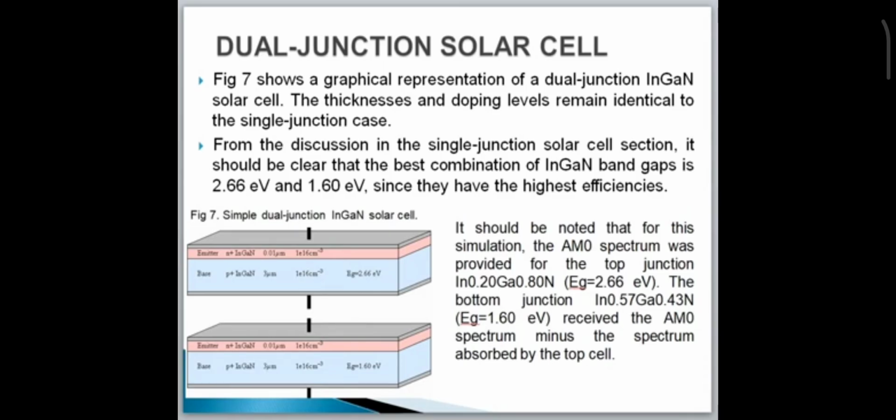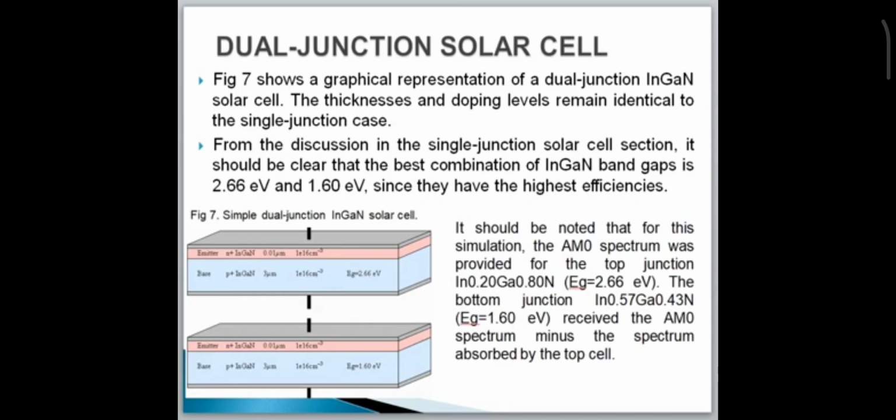So we are using two junctions, one having a band gap of 2.66 electron volt and one having a band gap of 1.60 electron volt. It should be noted that for this simulation, the AM0 (air mass 0) spectrum was provided for the top junction, where the mole fraction is 0.2 in the indium gallium nitride material.